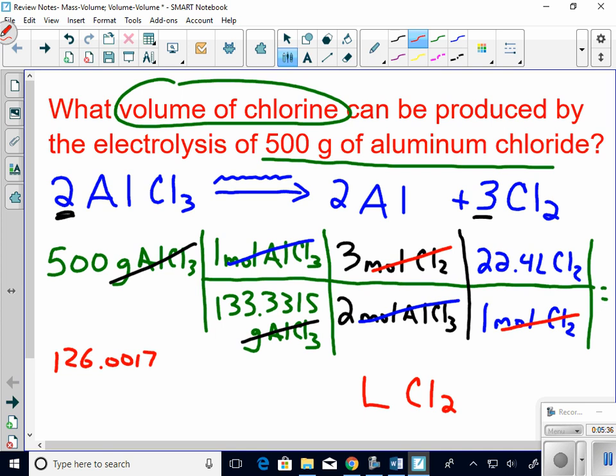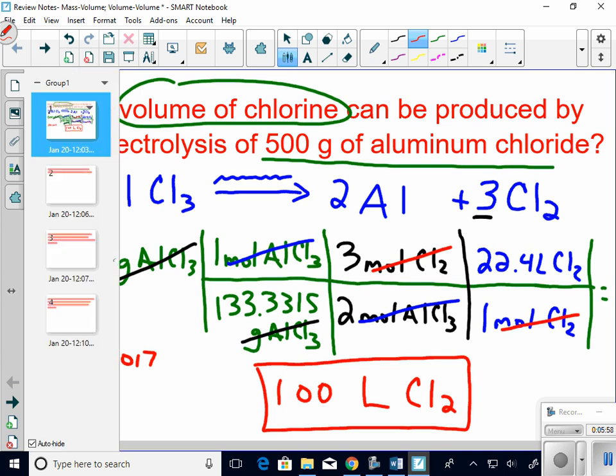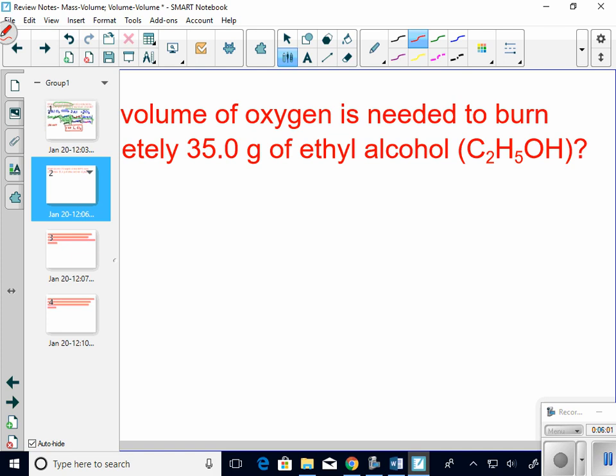So what is my correct value for this? 100. No decimal, no nothing. 1 sig fig, 100. Okay? Now, I'll give you a second to write this down.